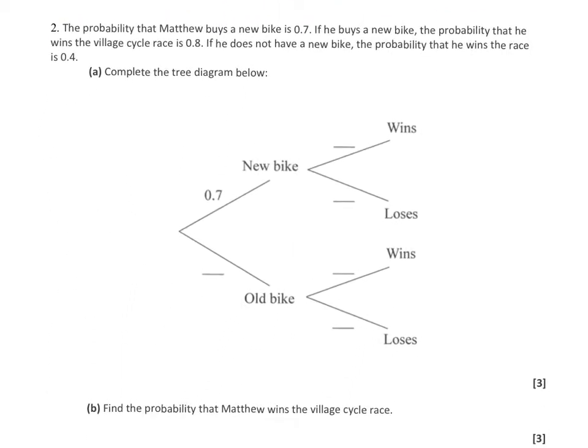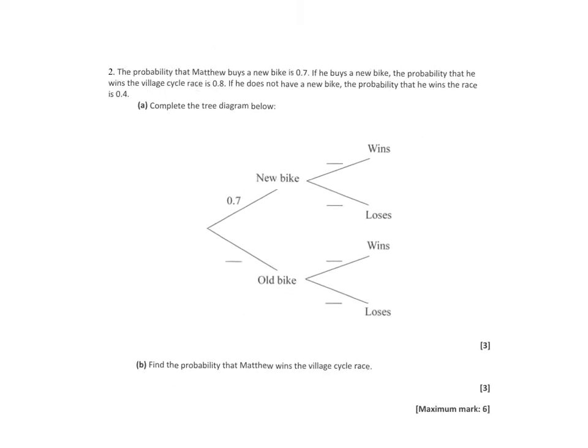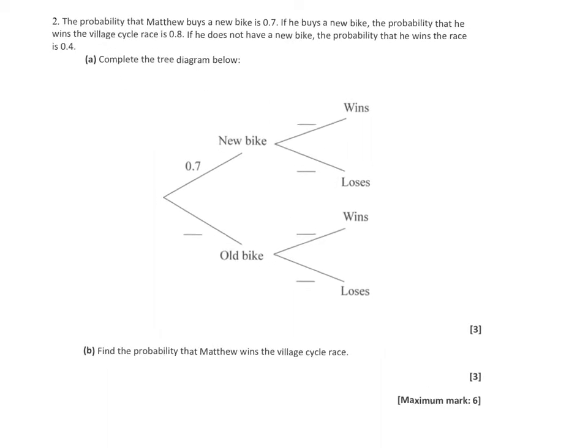Most people got this right, so I'll go through this fairly quickly. Let's see. I think I need both A and B here. There we go. So the tree diagram was pretty easy. You just put in the values. So these had to add up to 1, because when you split, those two should add up to 1. Then it says the probability that if he buys a new bike, the probability that he wins is 0.8.